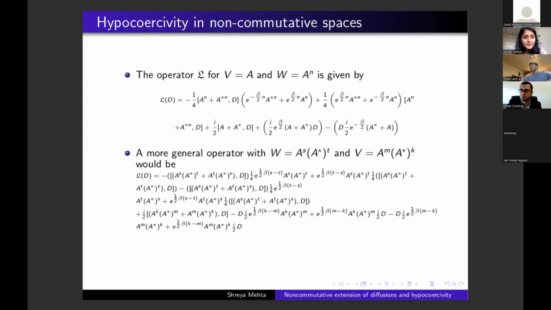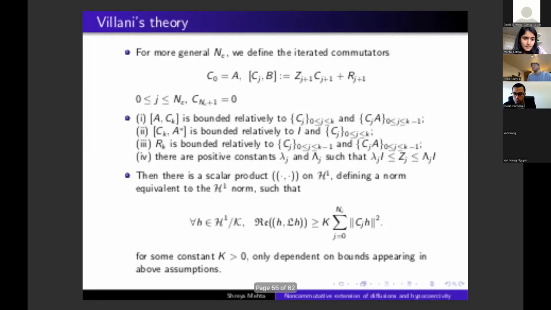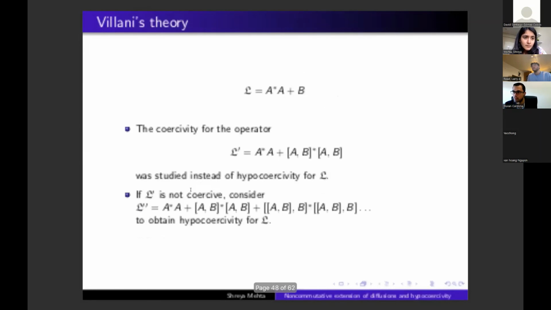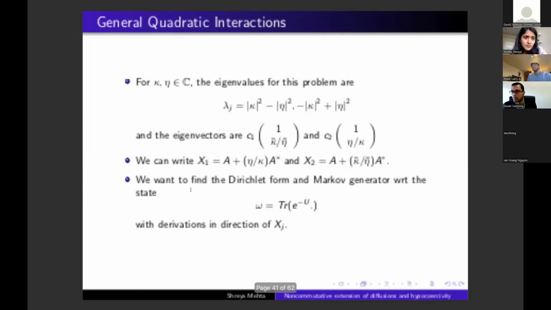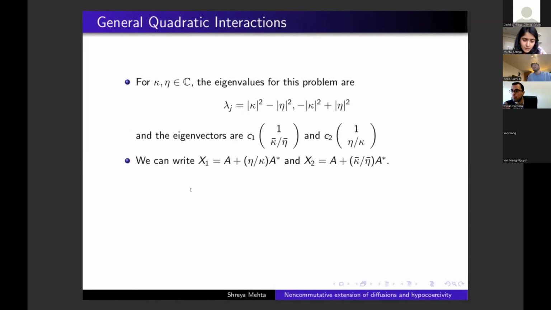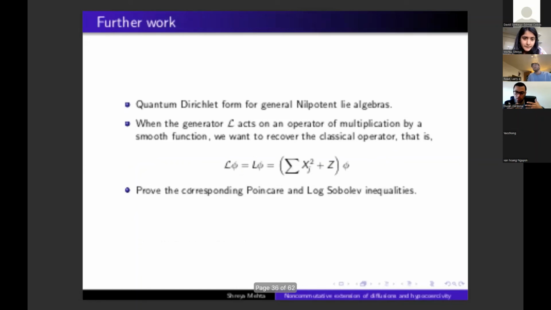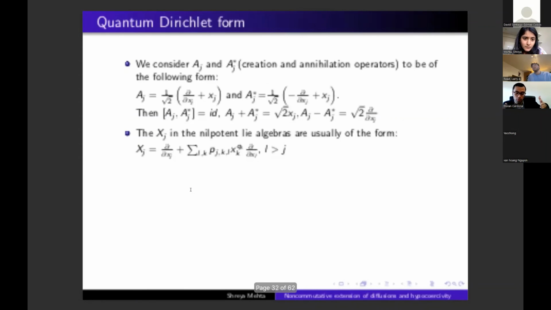Any other questions? Yes, I have one question, Shreya, if I may. Thank you very much for your very nice talk, first of all. At the beginning you presented the non-commutative construction for sum of squares, generalizing the expression of second order differential operator of Hörmander, and then you get one construction of nilpotent Lie algebras.